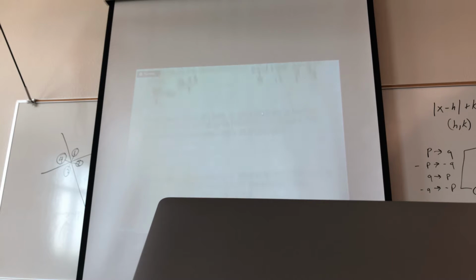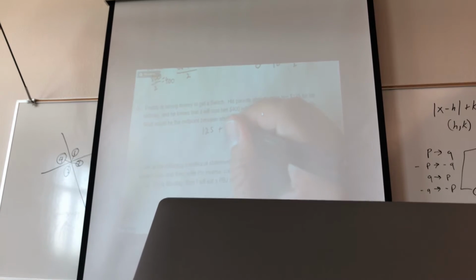Question number 3 is still asking for midpoint, but it's a word problem. Freddie is saving money to get a Switch. His parents already gave him $125 for his birthday, and he knows that it will cost him $400 with the games and case he wants. What would be the midpoint between what he has now and his goal? So this is going to be $125 plus $400, and then I divide that by 2.